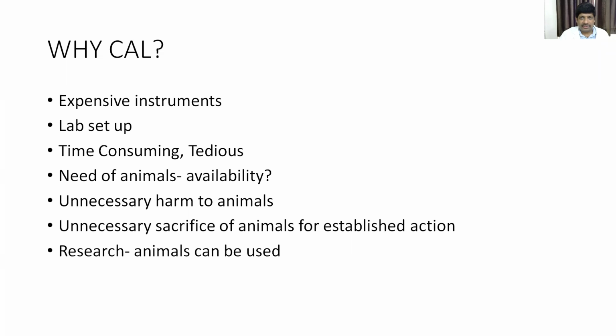Then dog is completely banned. So there are so many problems related to experiments on animals or the tissue of animals. So as I told, there is no need to give unnecessary harm or unnecessarily sacrifice animals for showing an established fact.